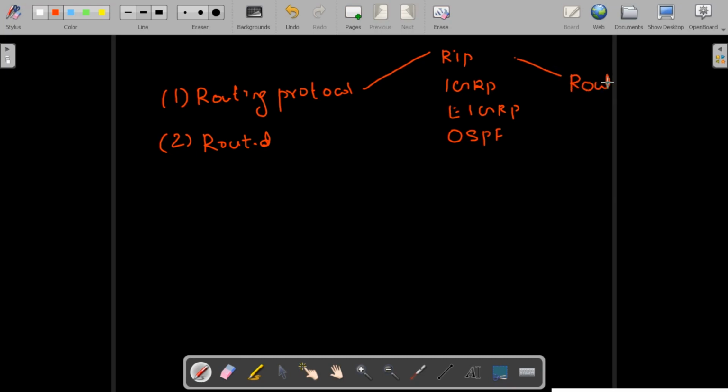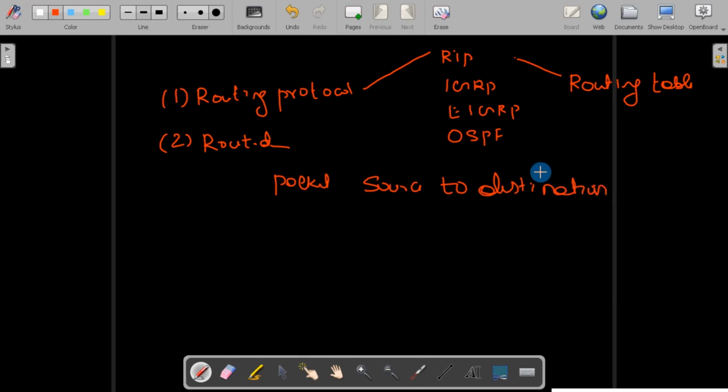Once the routing table is ready, the table is used by the routed protocol to transfer the packet from source to destination.